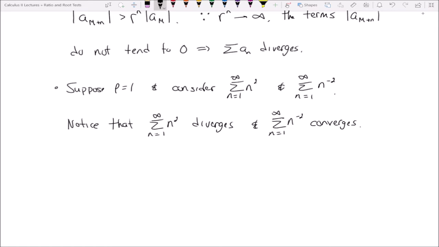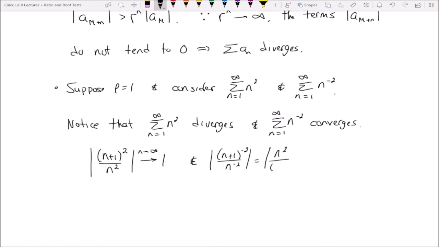So if we look at the absolute value of n plus 1 squared over n squared, this converges to 1 as n goes to infinity. And if we look at n plus 1 to the minus 2 over n to the minus 2, this becomes the absolute value of n squared over n plus 1 squared.